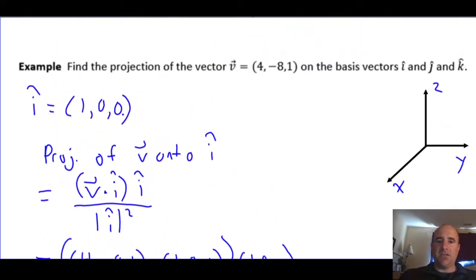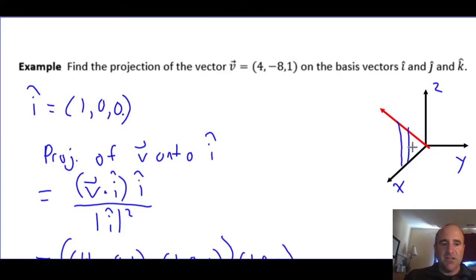You've got some vector v, let me just draw it here, like that, okay? It should make sense that if you were to project this onto vector i, which would be right here, that all you're going to get is the x part, okay?